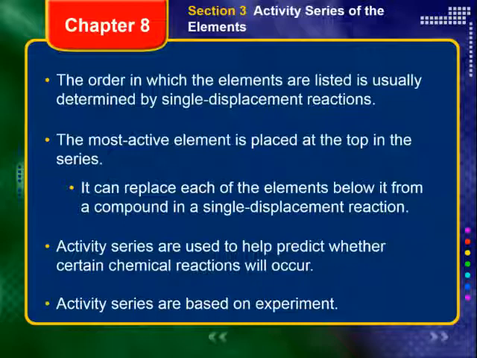Now, the most active element is placed at the top in the activity series. That means an element on top can replace each of the elements below it to form a compound in a single displacement reaction. The activity series are used to help predict whether certain chemical reactions will occur, and you will have to do this on your test and on your quiz.